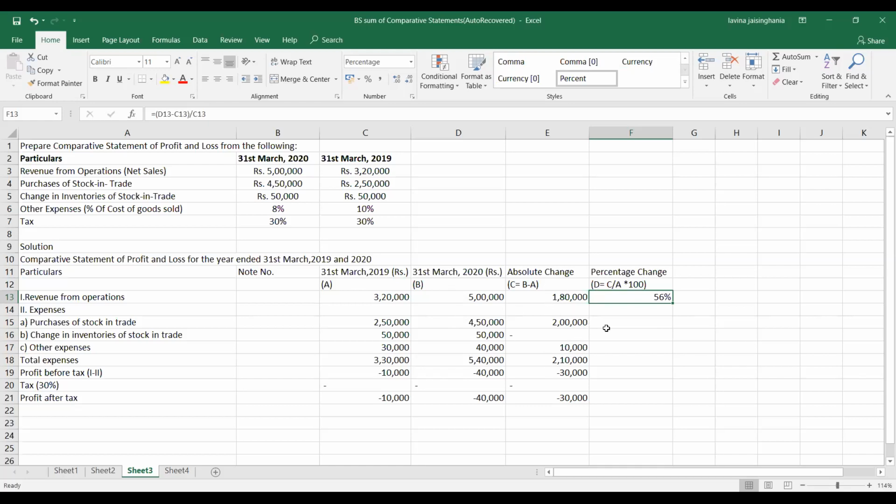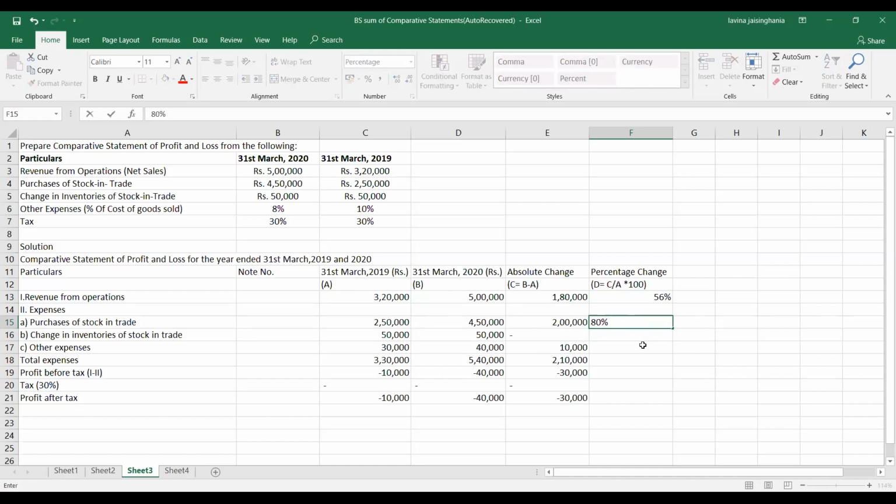Okay, so here next one, what you will do is from 2 lakh 50,000 it has increased by 2 lakh, so from 100 how much, 100 into 2 lakh divided by 2 lakh 50,000, you'll get your answer as 80 percentage.